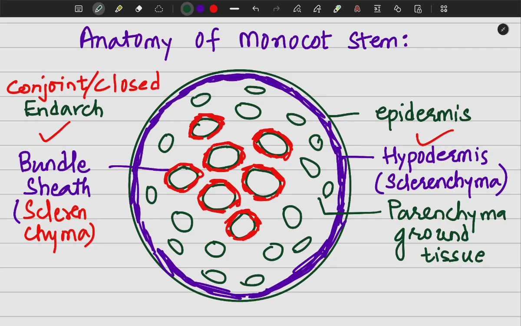Inside these vascular bundles we will find water containing cavities like this. All these characteristics are quite different from what we saw in the dicot stem. Water containing cavities will be present inside the vascular bundles.